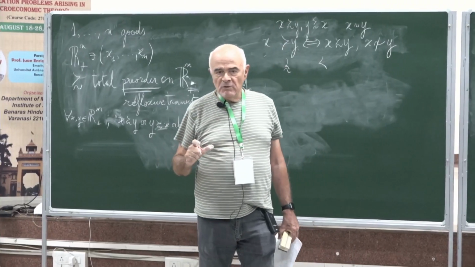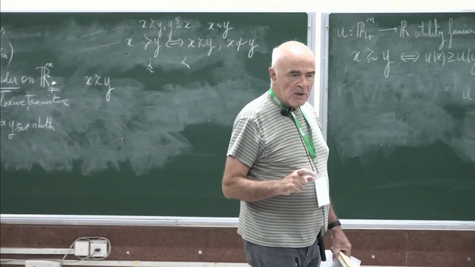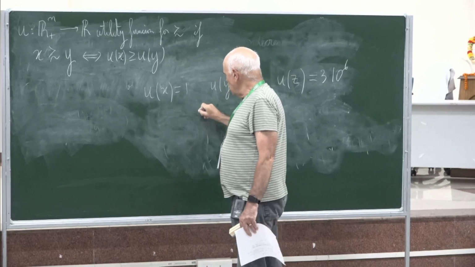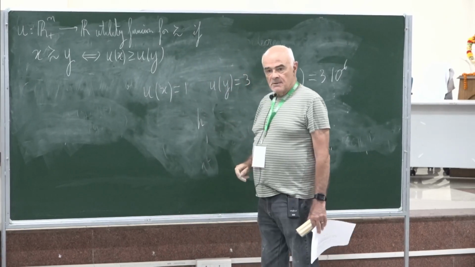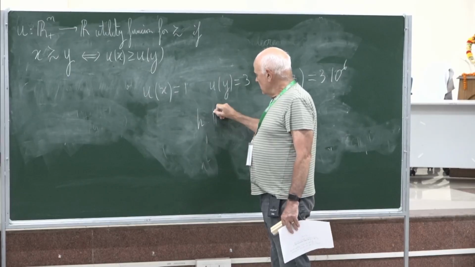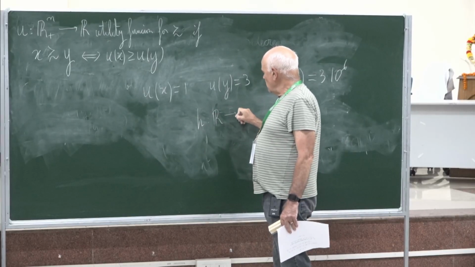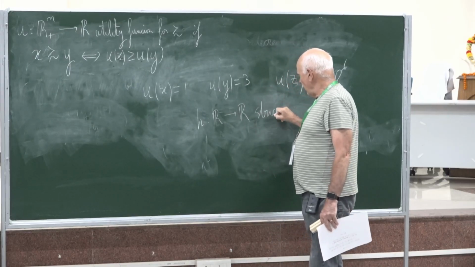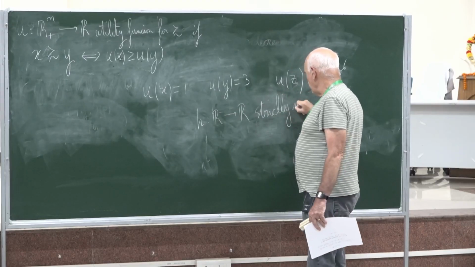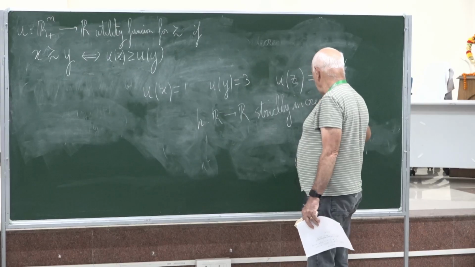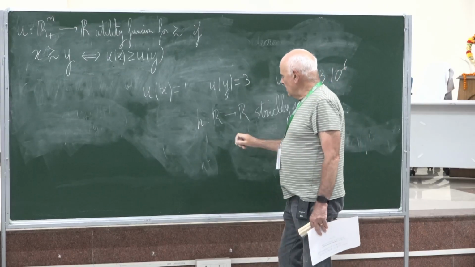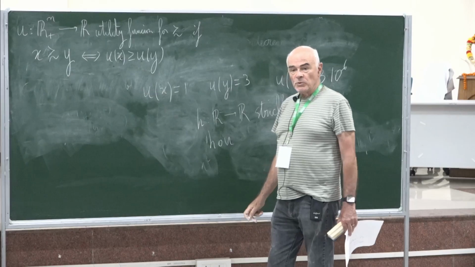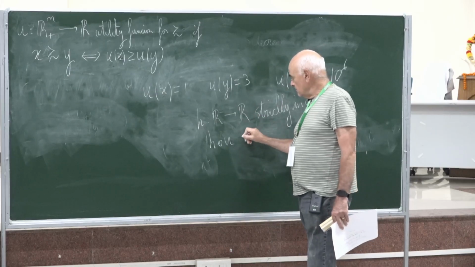The difference between the values does not play any role, because if u is a utility function and h from R to R is a strictly increasing function, then the composition of h with u is also a utility function for the same preferences.